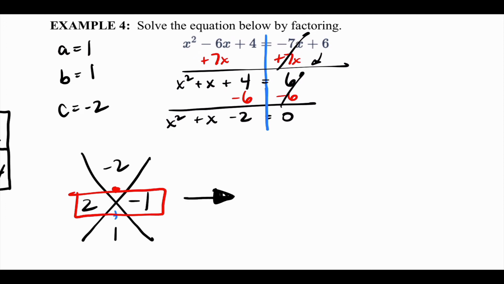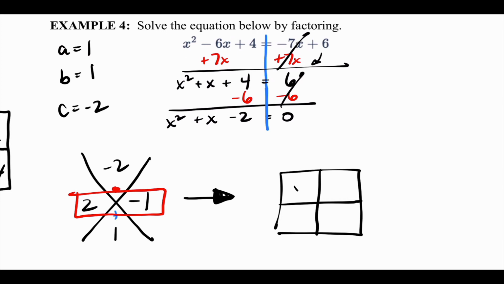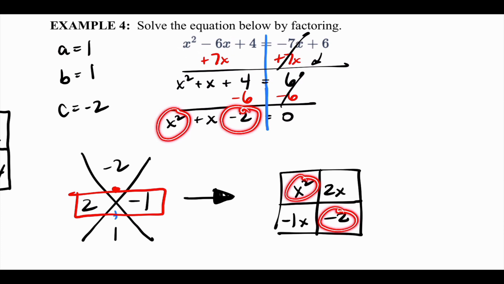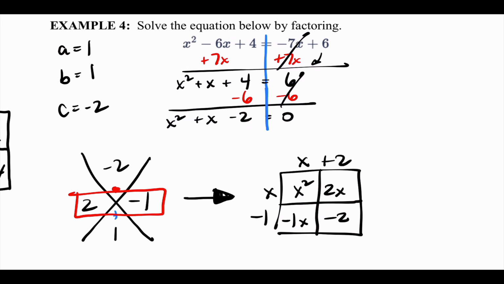Go to the reverse multiplication box. So we have x squared, negative 2, positive 2x, negative 1x. Because A with x squared goes up here, C goes down here, and the two guys go in here and here, and we tack on an x. Reverse multiplication: x times x, positive 2 minus 1.